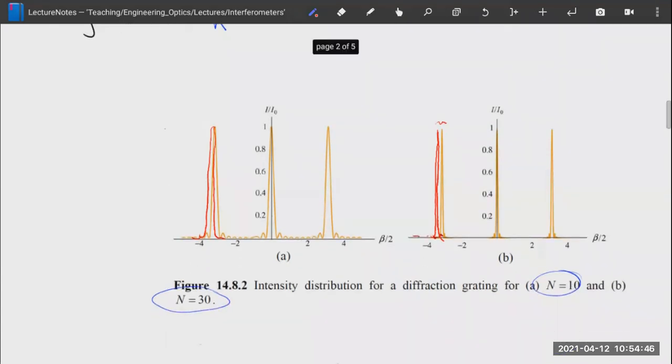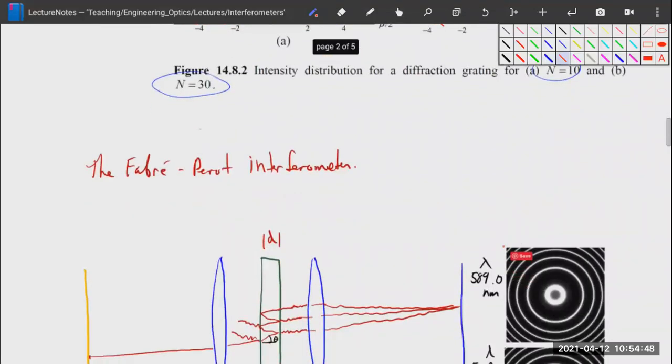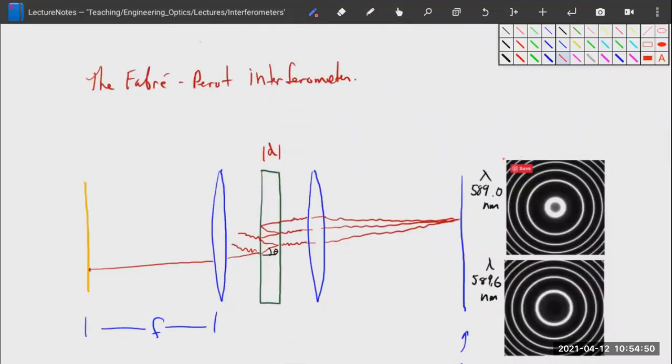So one solution to this is the Fabry-Perot interferometer. We'll say we have a diffuse light source. And all that says is that at every point, light goes in every direction.